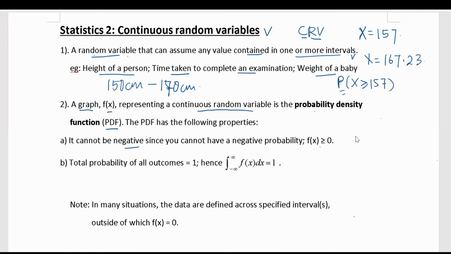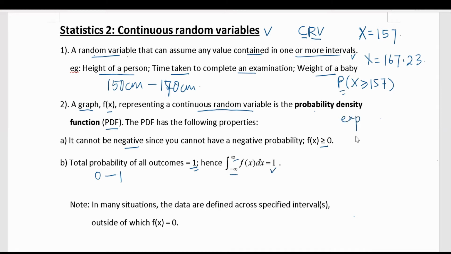So it has to be greater than or equal to 0. And B, total probability, as we learned before, must always be between 0 and 1. So the total must be equal to 1. That means for the function, if we integrate from the lower limit to the upper limit, the area under the graph must be equal to 1.